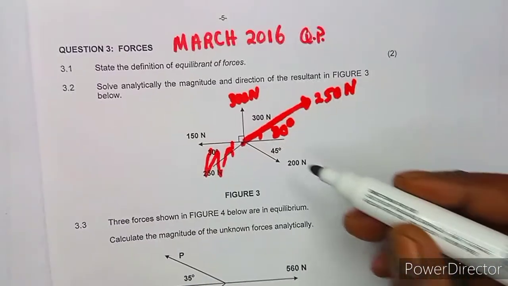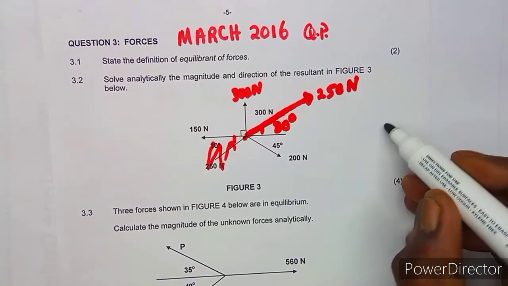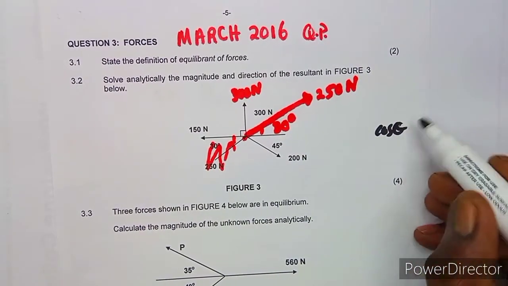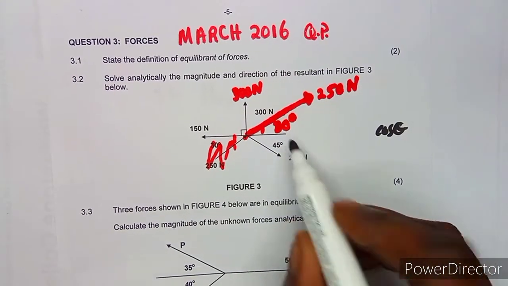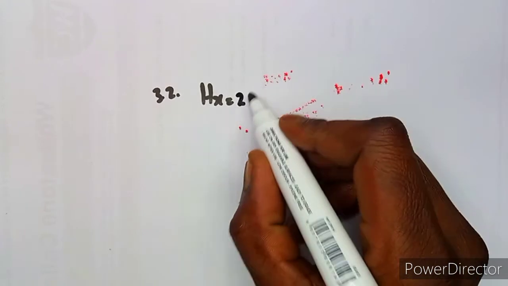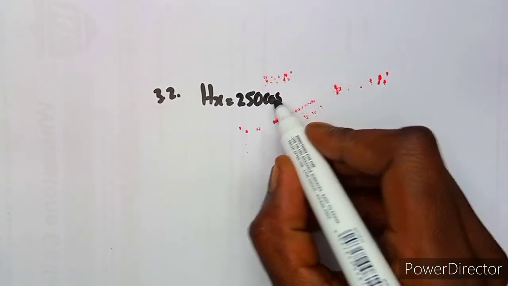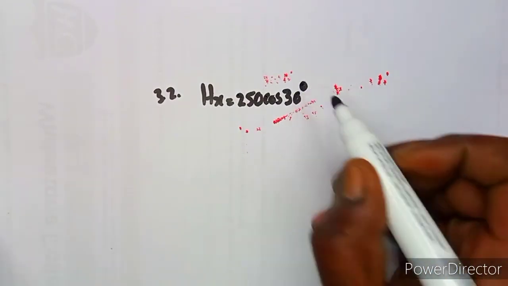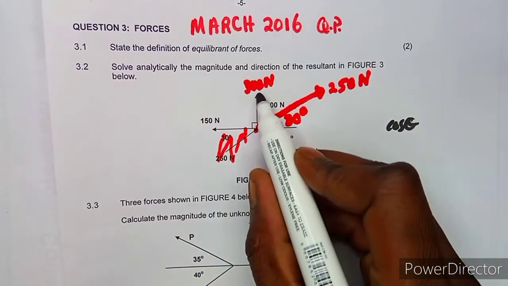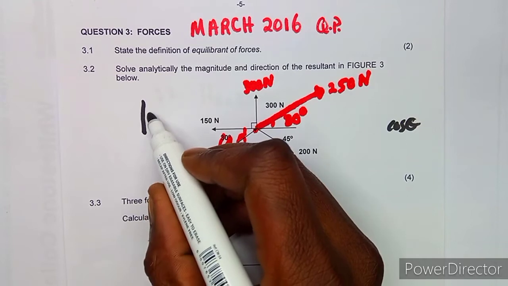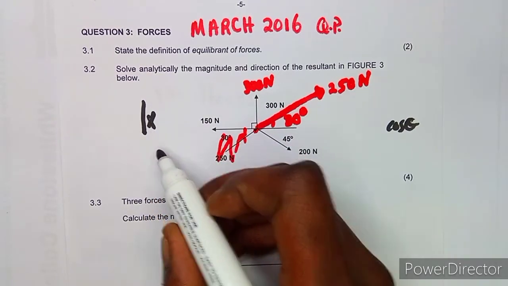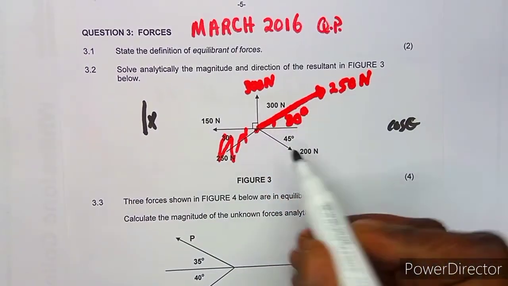The horizontal of this one, remember, always horizontal uses cos theta, and this is positive, so it will be 250 cos 30 degrees. And here there is no horizontal. This is a straight vertical, so it can't be a horizontal. There's nothing that you're going to take here.